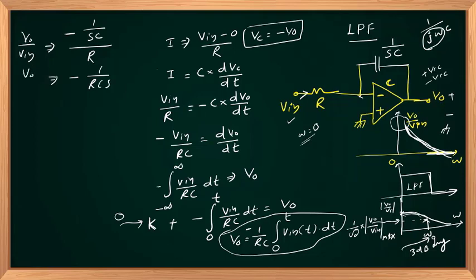The transfer function is V out by V in. It is clear that V out by V in tends to infinity as omega tends to 0, because S is j omega and it is in the denominator.